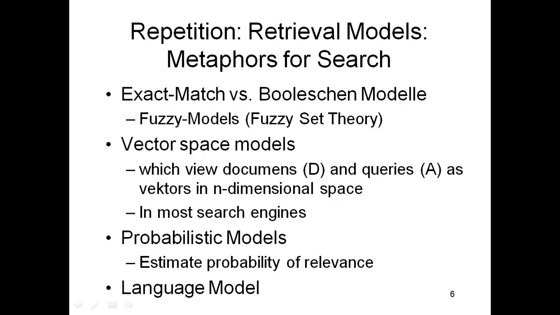There's also the probabilistic model, where this is interpreted as the probability of relevance under the condition of a certain query, but that doesn't change a lot in the calculation. And today we'll briefly touch the language model, which also doesn't bring in completely new things, but it's an interesting new aspect.